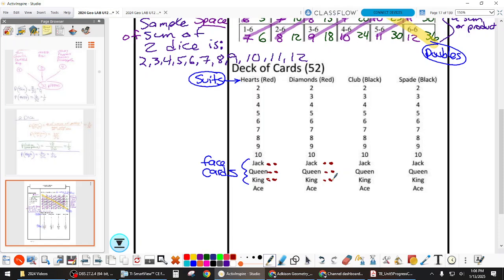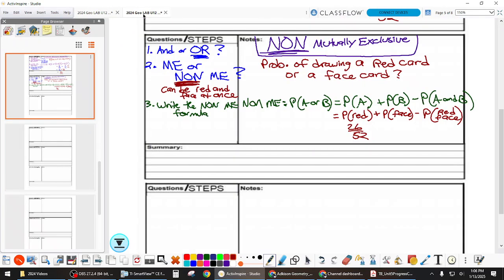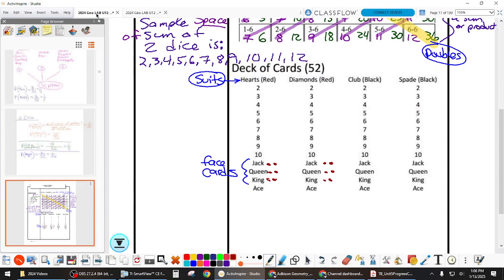You see how we just counted 12 face cards? So there are 12 out of 52 face cards. But those 6 cards got double counted. We touched them, counting them twice, which is throwing off the probability, right?